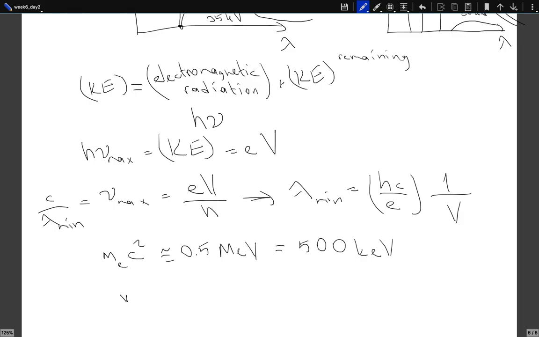You see, the speed of an object, v over c, do you remember its expression in terms of its momentum?